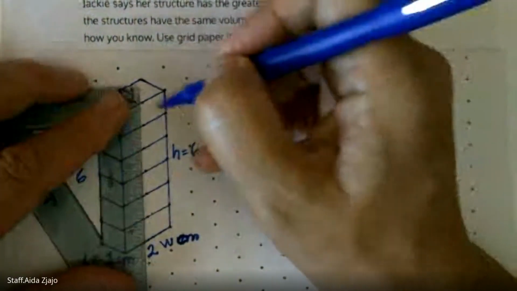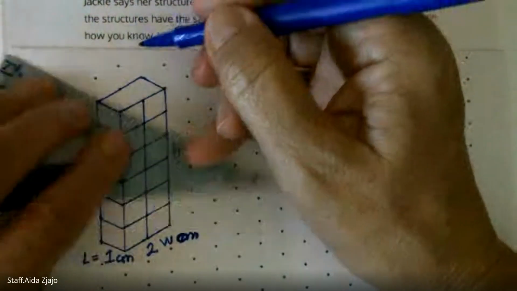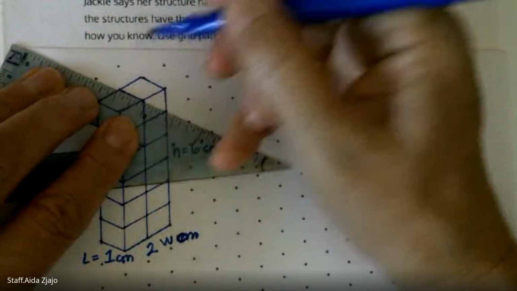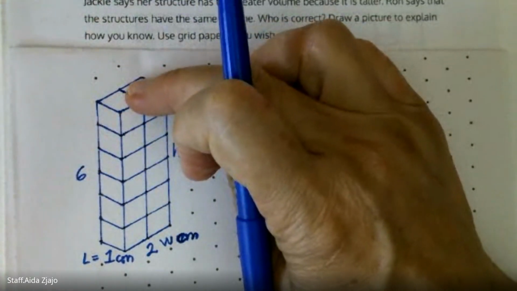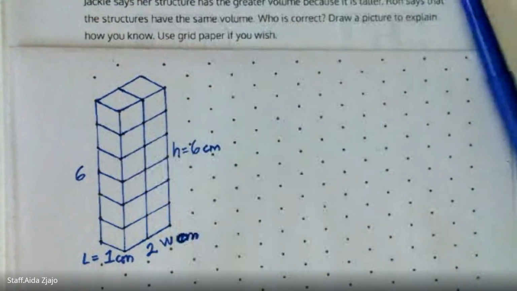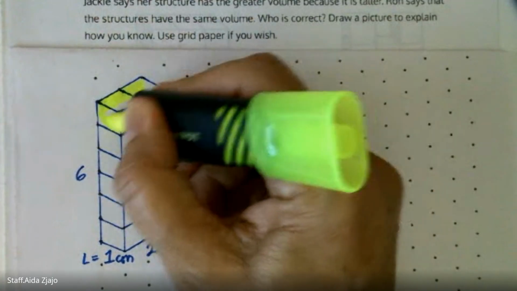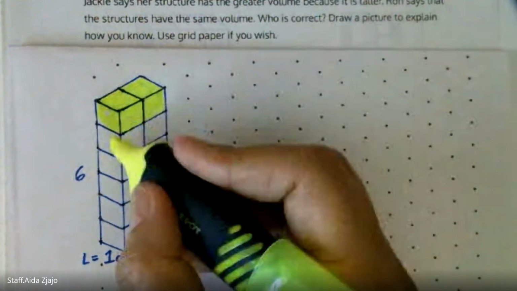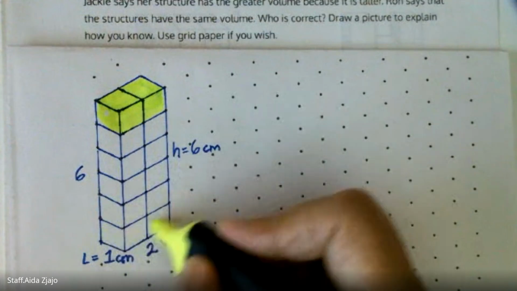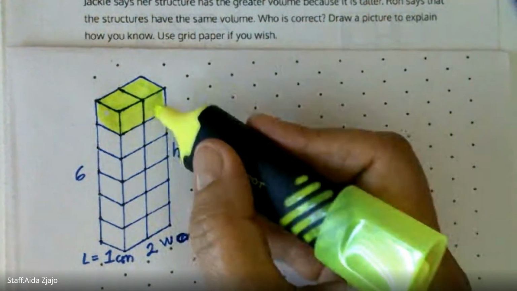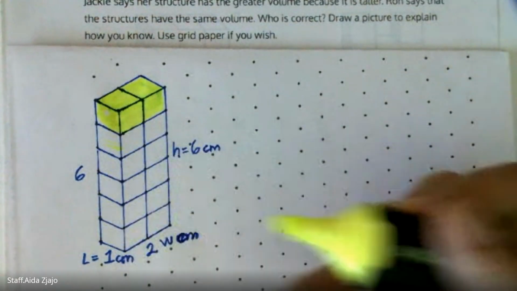If I show each of them, you can connect these, and then the layer is 2 cubes. The layer below is also 2 cubes, and the layer below, 2, 2, 2, and the bottom is also 2. So 2, 4, 6, 8, 10, 12 cubes.